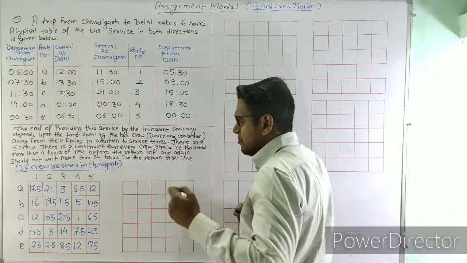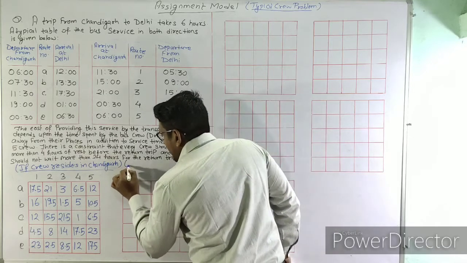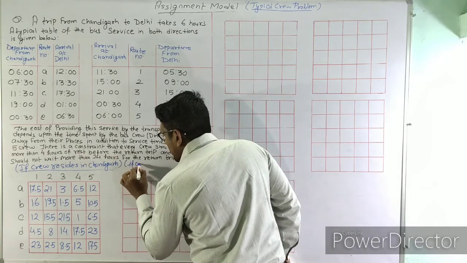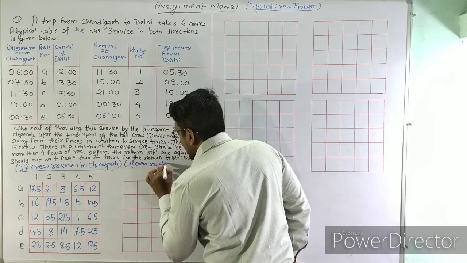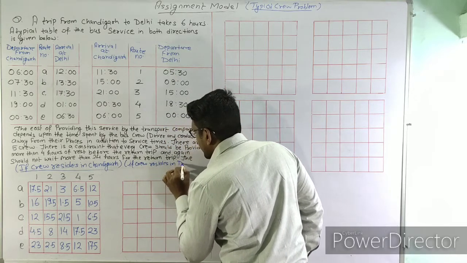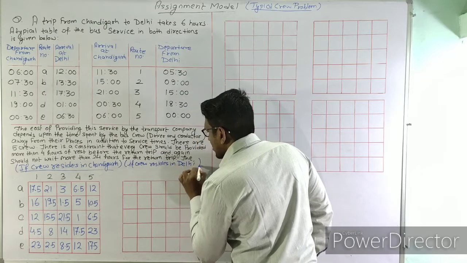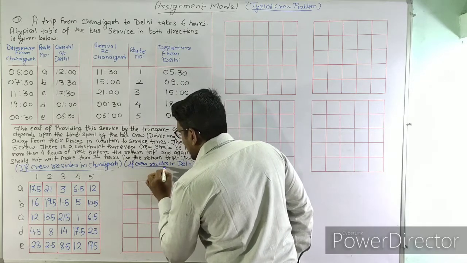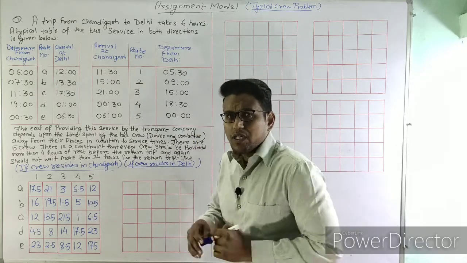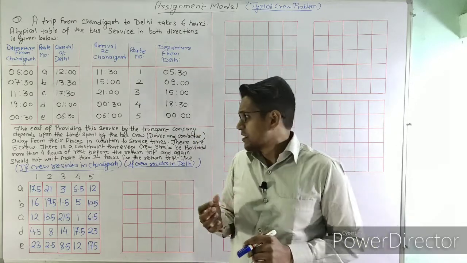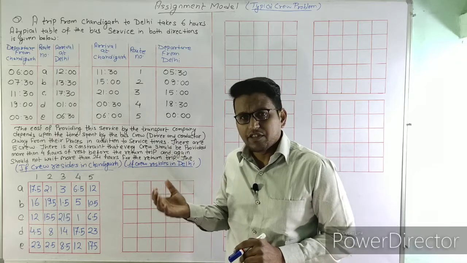Now we will make a similar matrix if crew resides in Delhi. So let us see, if the crew resides in Delhi, then what amount of time it takes at the company's facility at Chandigarh.